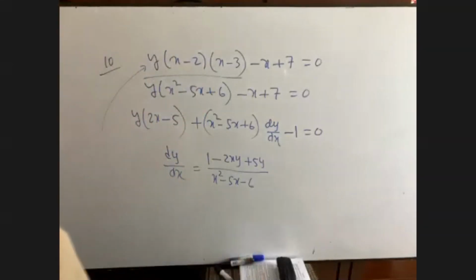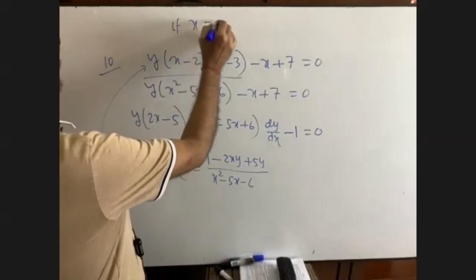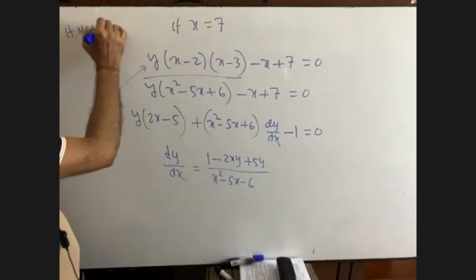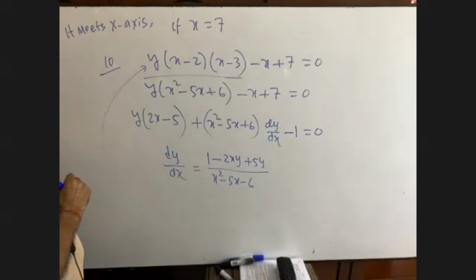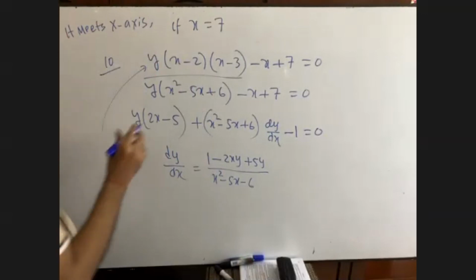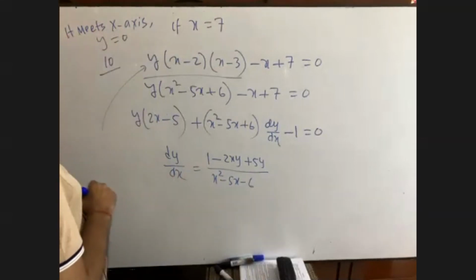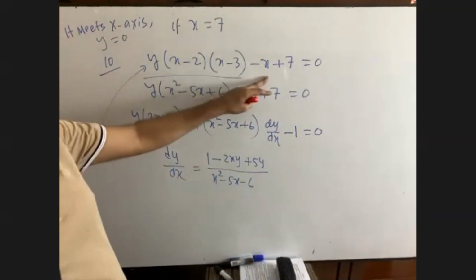If it meets the x-axis, right? That means y equals 0. So if y equals 0, then x equals 7.